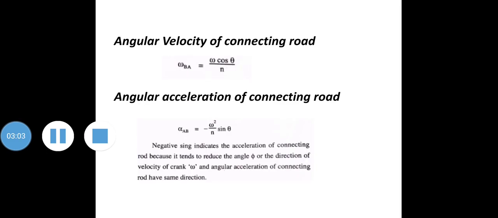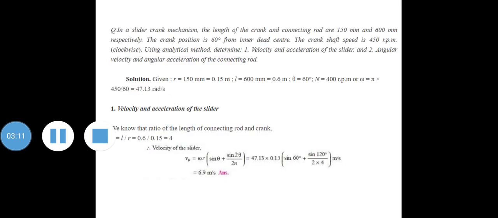Acceleration of the piston is given by omega square r in bracket cos theta plus cos 2 theta divided by n. By utilizing these we can determine velocity and acceleration without going for graphical representation.